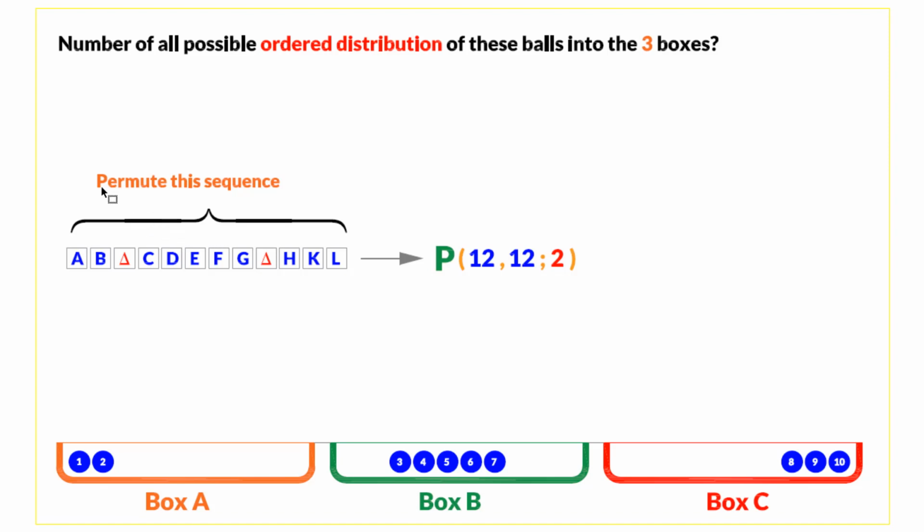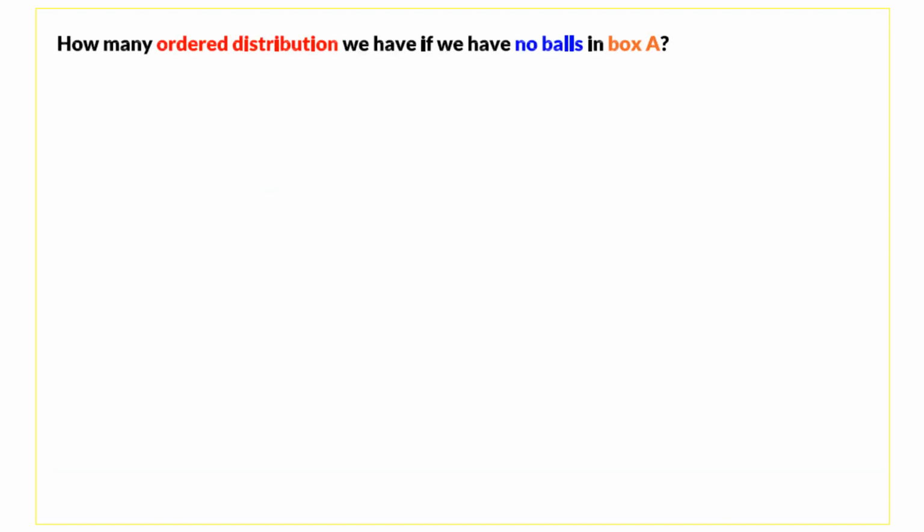So we have to permute this sequence to know the number of all possible order distribution, and that is permutation of 12 objects taken 12 at a time with 2 identical objects, and this is equal to 12 factorial divided by 2 factorial, which is the number of identical objects we have, and this is equal to 239,500,800 possible distribution.